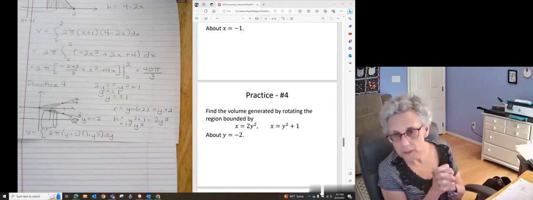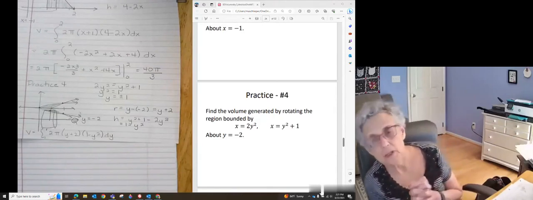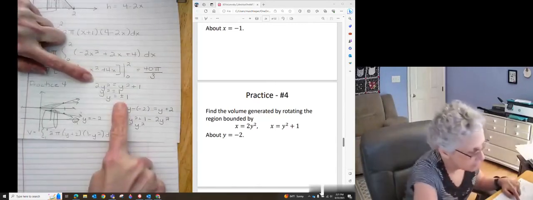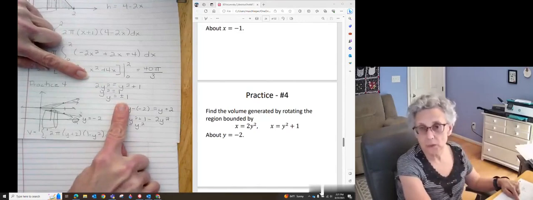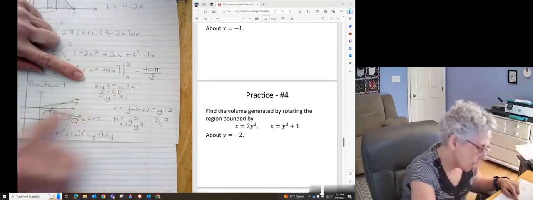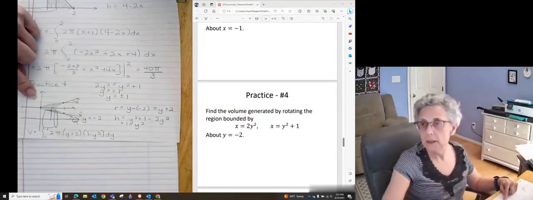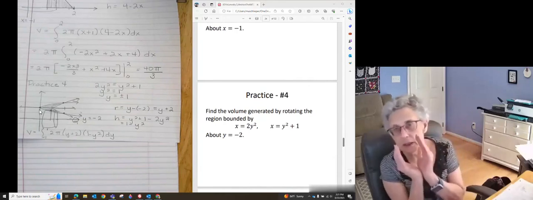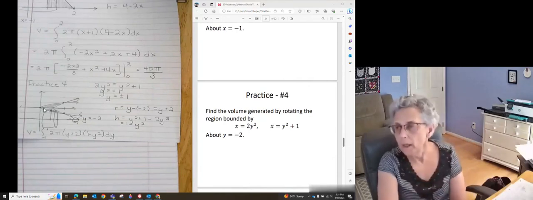Okay, we had two parabolas that opened up to the right. So I set them equal to one another first to see where they cross. And they crossed when y was equal to plus or minus 1. If I let y be equal to 0 in x equals 2y squared, I know it starts at the origin, and I know that it's skinny.